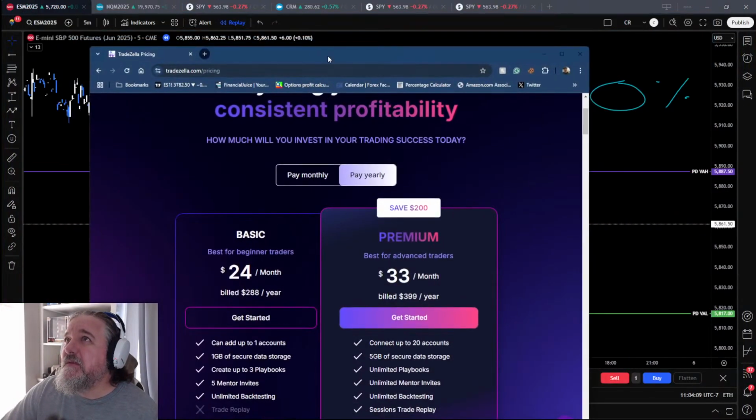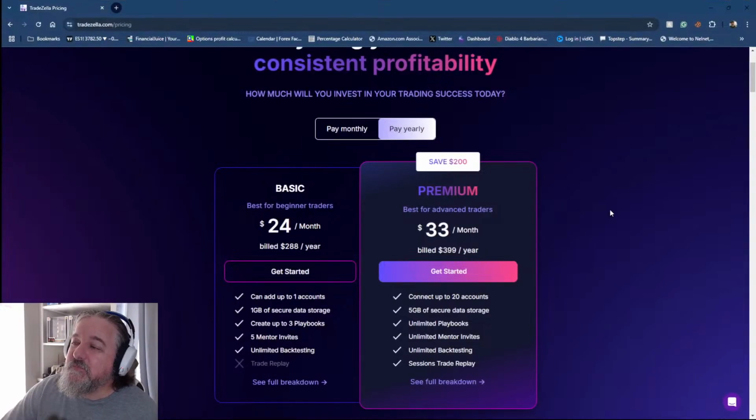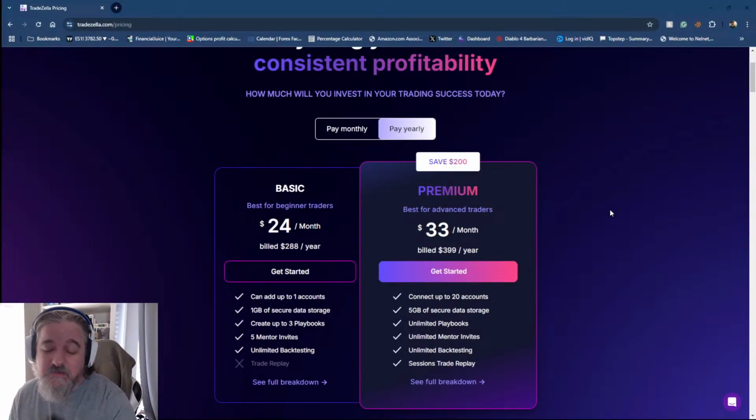The reason that I use this versus using Stonks Journal is, basically what I would say is, if $400 is a lot of money to you, don't go this route. If $300 is a lot of money to you, don't go this route.